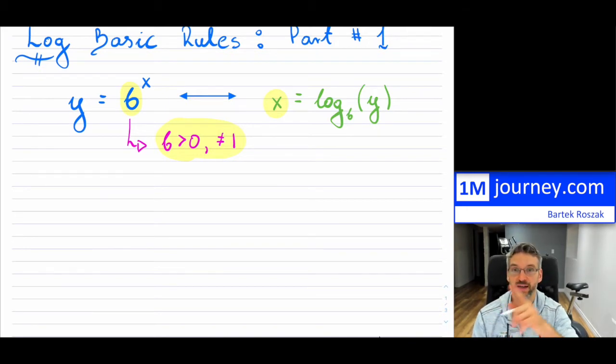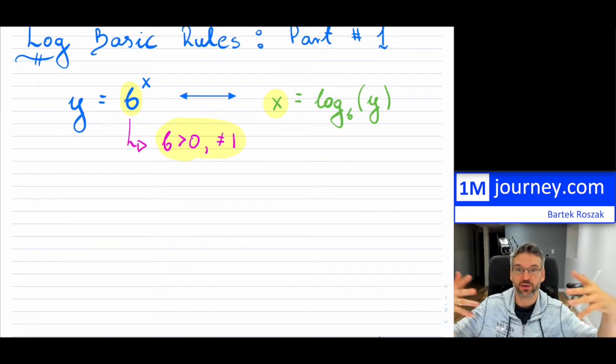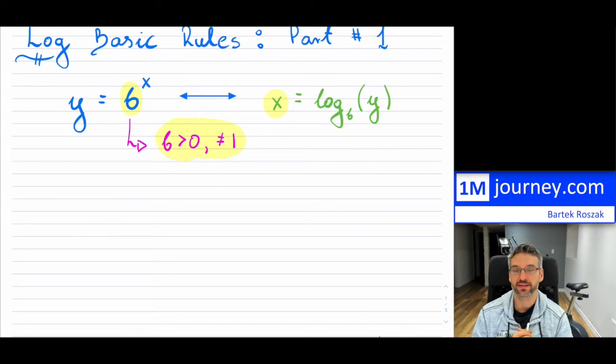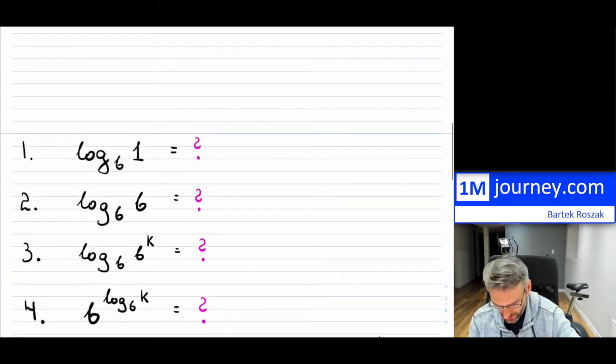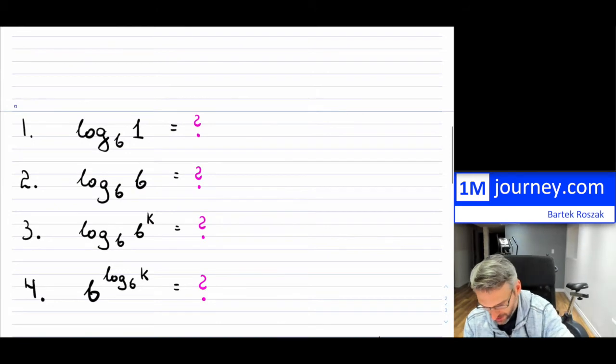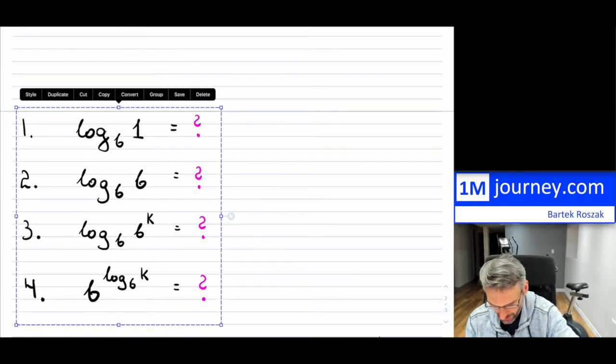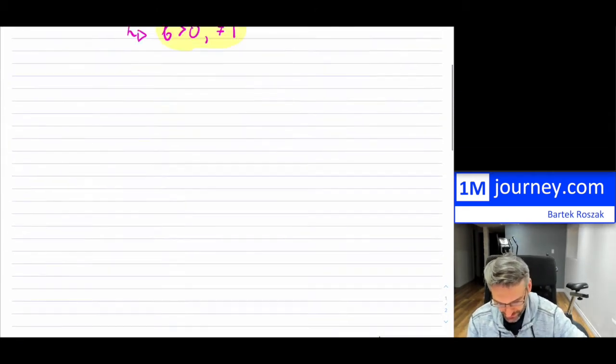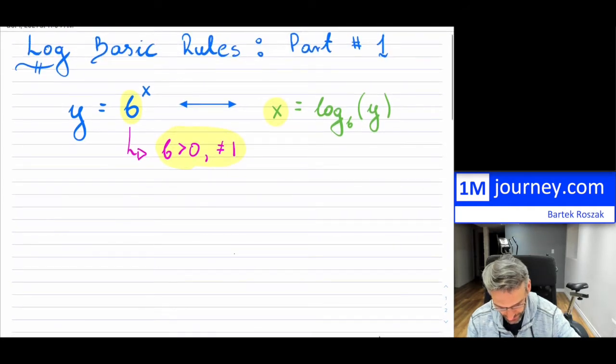And by the way, these are equivalent. You can write an exponent or a log, and they're equal to each other. So if I scroll down here, I'm going to bring this back for us. Let me cut it from here and bring it up.